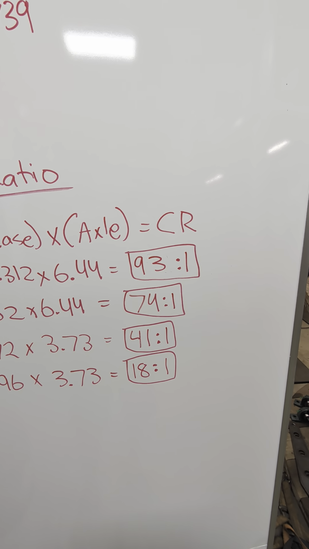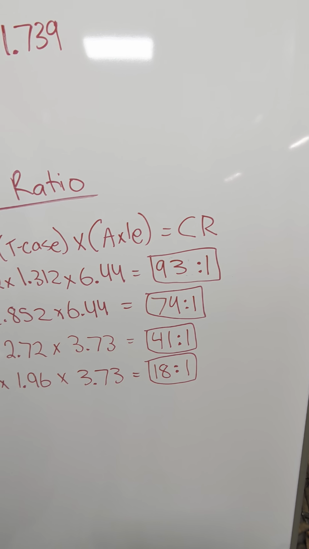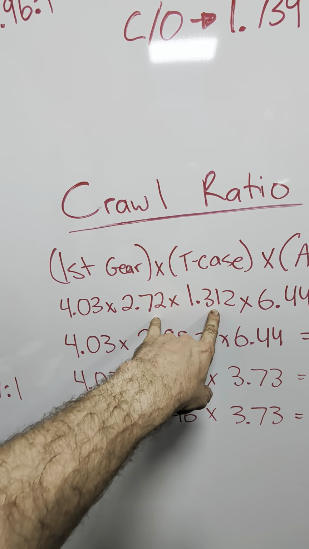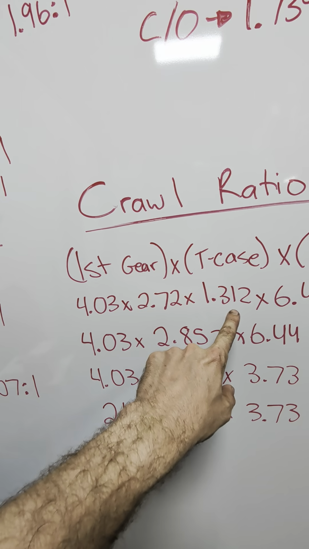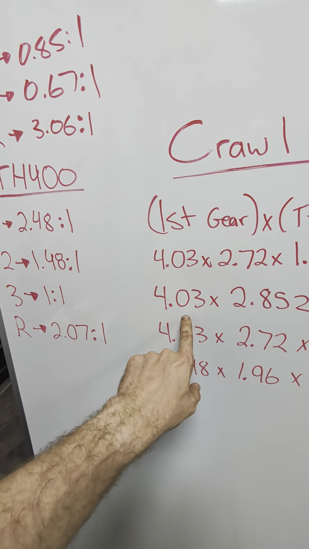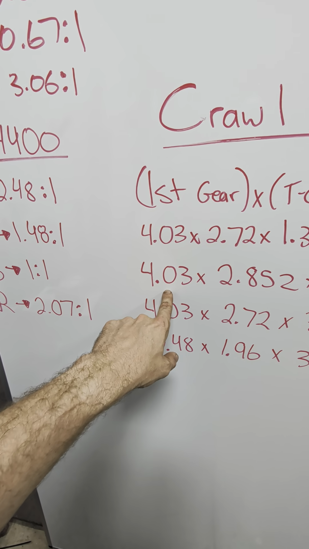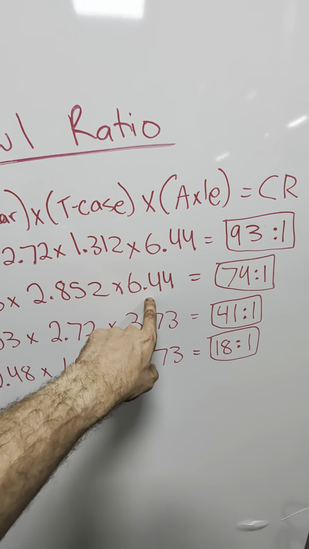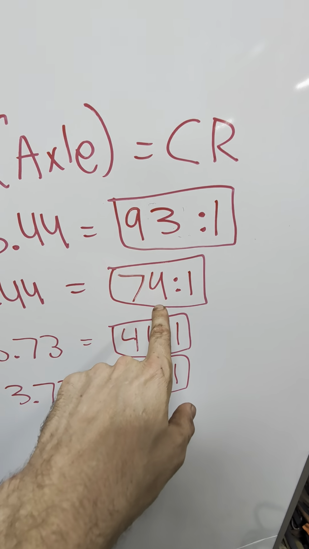Bit too low though. What I'm changing now is instead of having 2 transfer cases, I'm gonna delete this one and go with a deeper SCS ratio, this 2.8. So I'm gonna have just my tranny first gear again, same as above, 2.8 times my Rockwells gets me about 74-to-1 total.